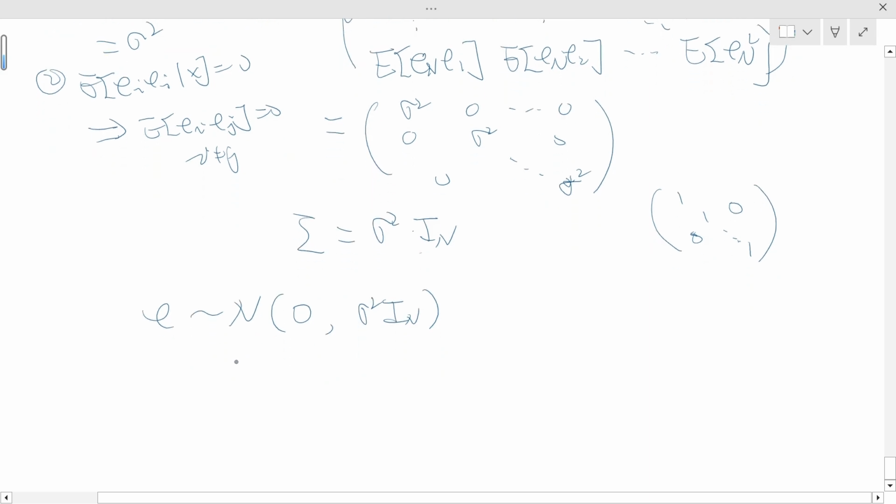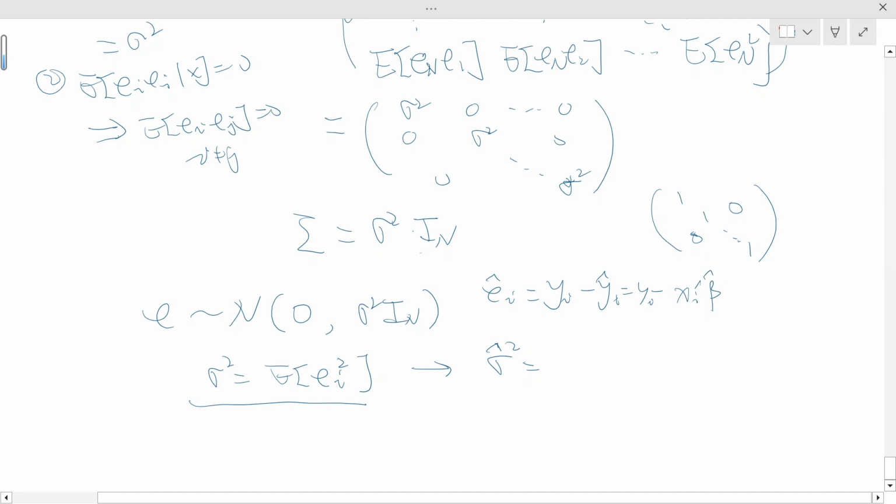Okay, so we see that sigma squared is the expected value of epsilon i squared. And given this, one natural estimator of sigma squared is sigma hat squared. It's just the sum of these squared residuals. So epsilon i hat is just y i minus y i hat, which is y i minus x i prime beta hat.